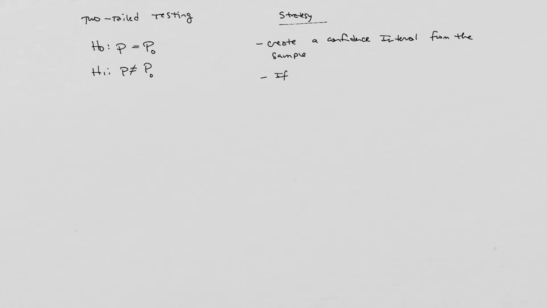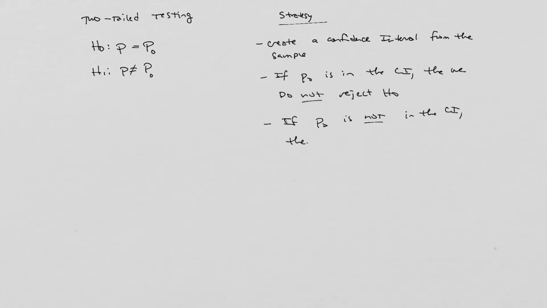If the claim p naught is in the confidence interval, then we don't reject the null hypothesis. On the flip side, if the claim is not in the confidence interval, then we reject H naught, the null hypothesis, in favor of the alternative hypothesis.